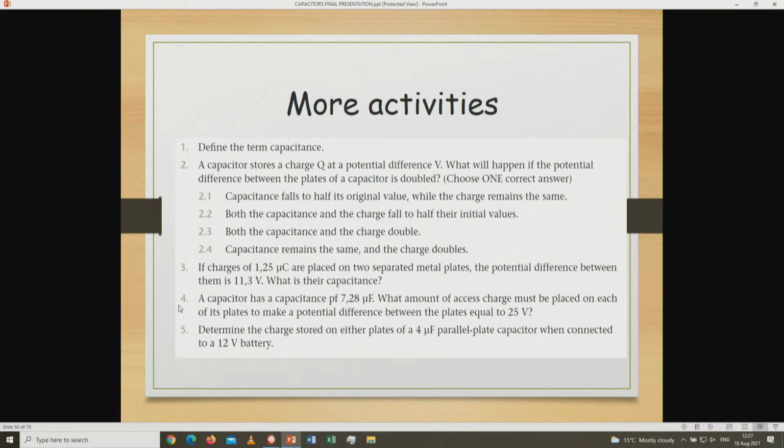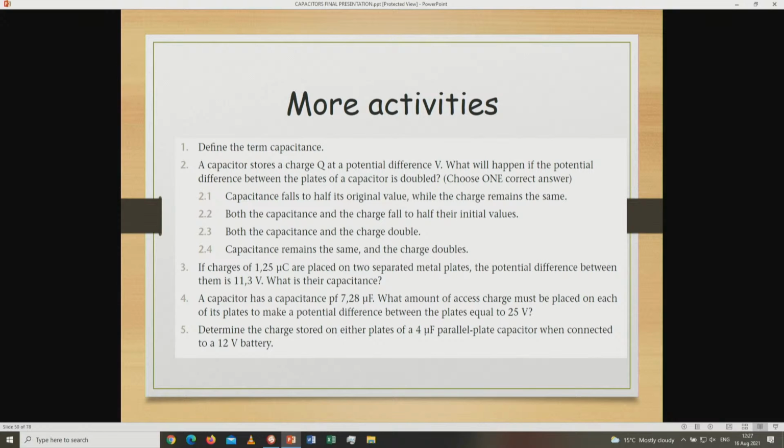Now let us check question number 5. Determine the charge stored on either plate of a 4 microfarad parallel plate capacitor when connected to a 12-volt battery. Now we must calculate the charge.